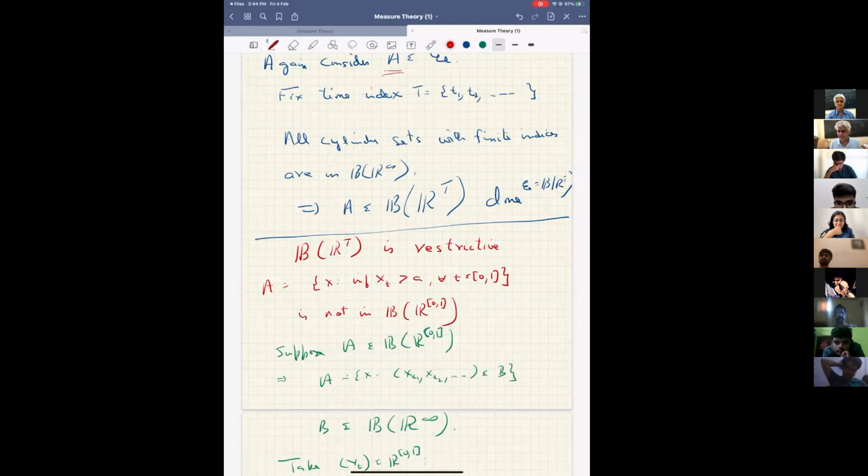Okay, so B_R^T, it's very nice that we were able to characterize it, but now we realize that all that's interesting in this world is not in this B_R^T, because anything that depends on more than countably many time periods is not going to be in it. For example, the set of all paths x_t which are continuous functions of t is no longer measurable. It's not in my B_R^T.